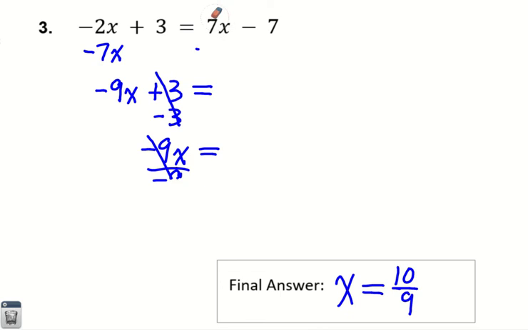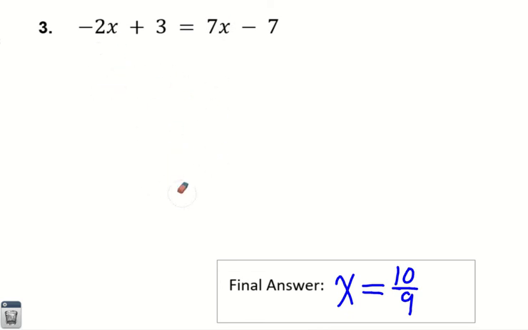Allow me to start all over again and just play this one slightly differently. What if your priority was to keep your x term positive? If that was your priority, you'd probably want to instead add the 2x over to the other side so we get a positive 9x.